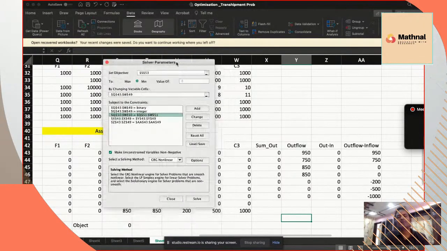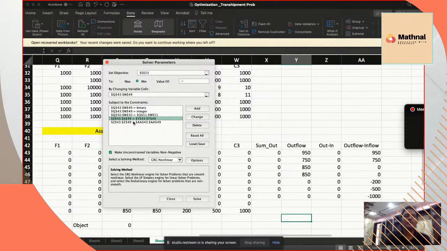Now, whatever assignments solver will do, I want the sum of out. What is the sum of out here? So all these outs, whatever I receive, the sum has to be equal to this outflow: 950, 750, 850, 850.